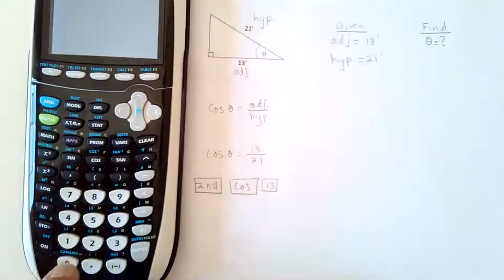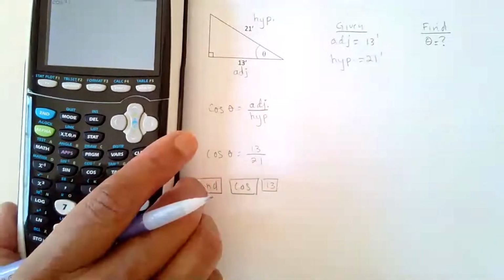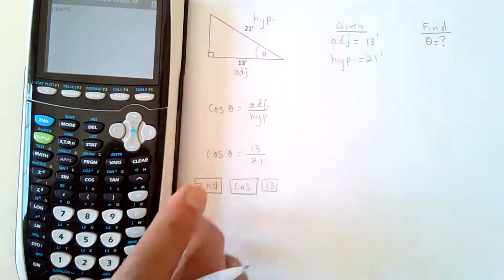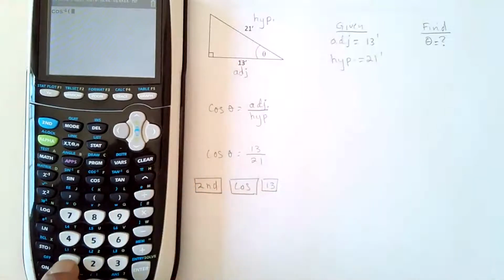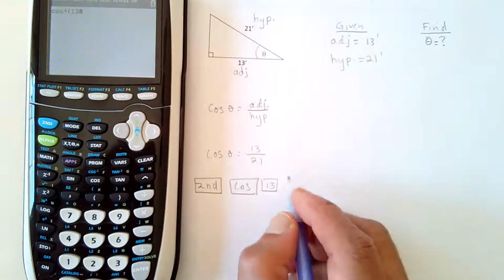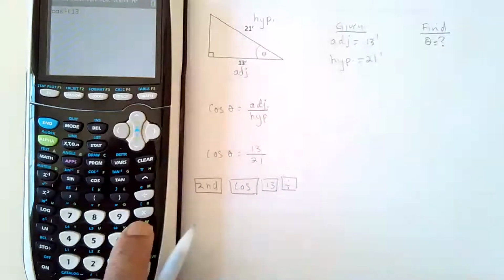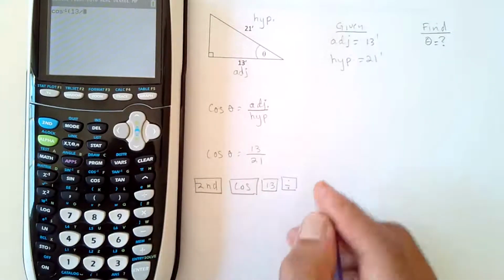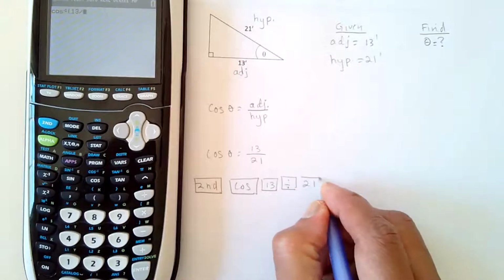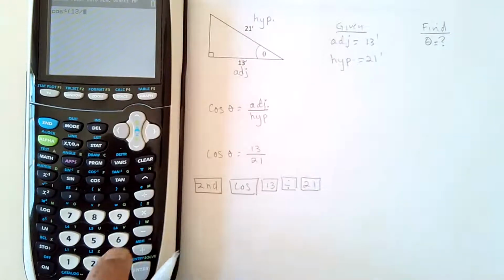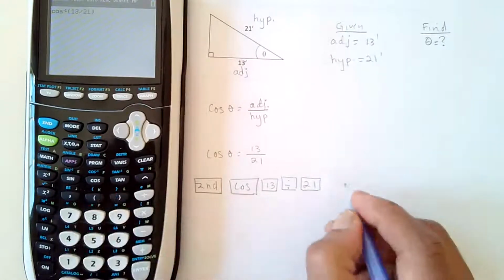Second cos 13 divided by 21, close bracket.